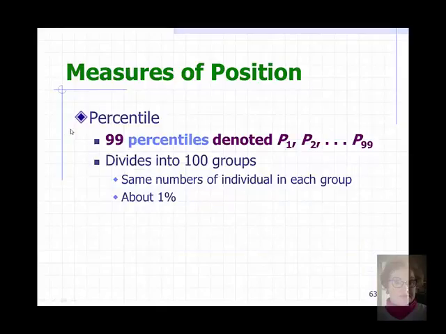When we talk about measures of position, one that you've all had experience with are percentiles. And percentiles just tell you where your score sits by the percentage of the distribution. So if you get in the 80th percentile on your Iowa Test of Basic Skills reading, that means you scored better than 80% of the people who take the test.